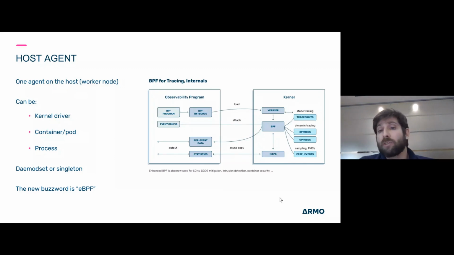It can be just a process running on the host. It can be a daemon set, meaning that Kubernetes will run it on each one of the worker nodes, or it can be a singleton, meaning that you run one per cluster. And the recent buzzword is eBPF.